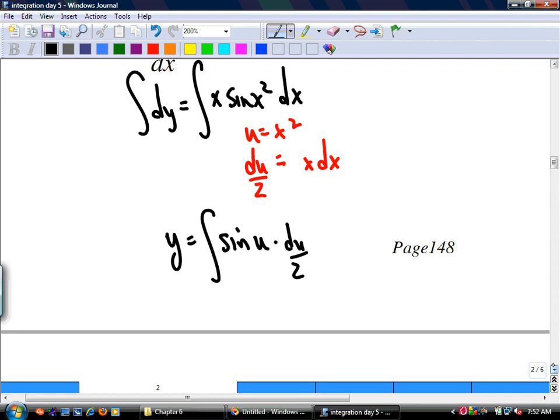I think I'm painting myself into a corner. I'm running out of room. Antiderivative of sine is cos. Negative cos, is it not?